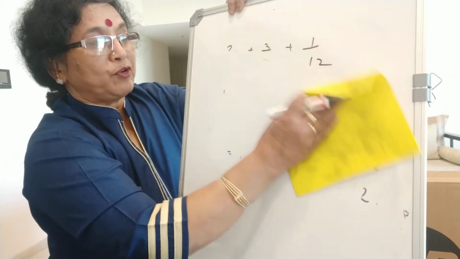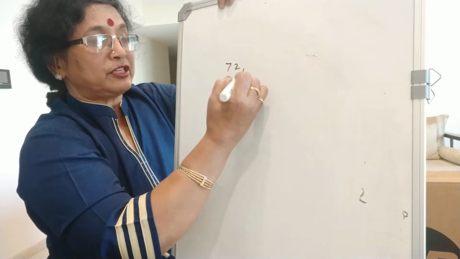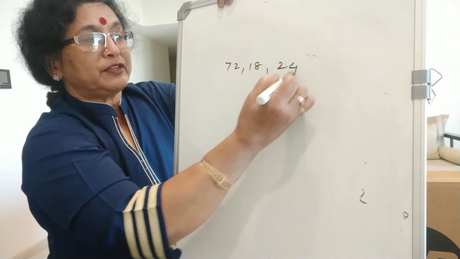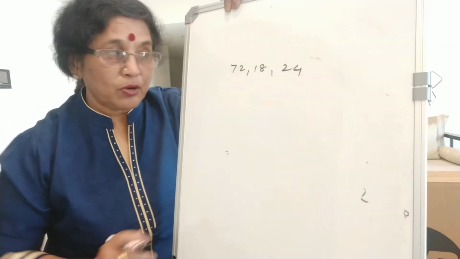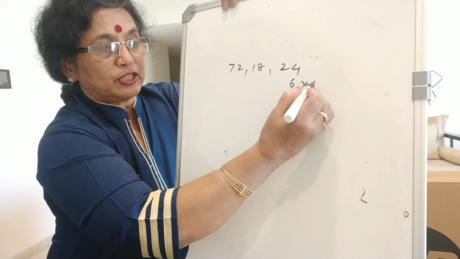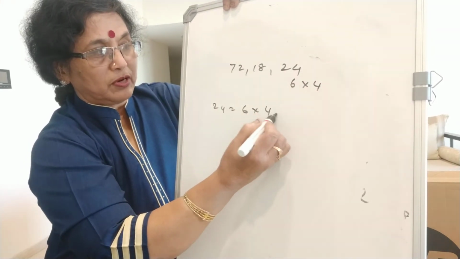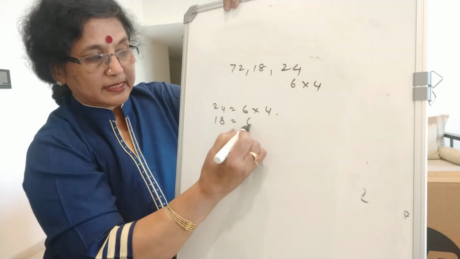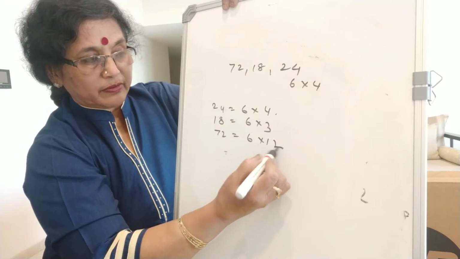Suppose I give you the LCM of 72, 18 and 24. Let us take one more example. 24 is 6 and 4, 18 is 6 and 3, and 72 is 6 and 12.